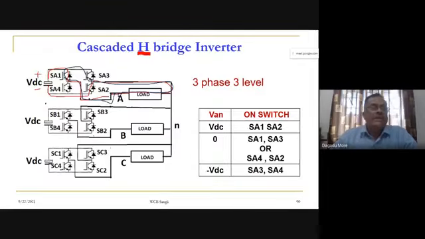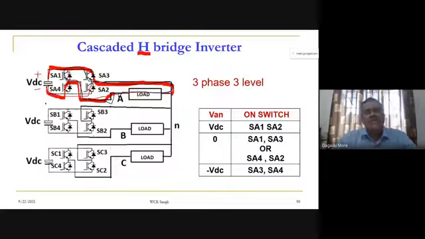Now our neutral point is connected to the positive, and point A, through switch SA4, is connected to the negative. Because of that we get minus VDC. So how many voltage levels will one H bridge provide?